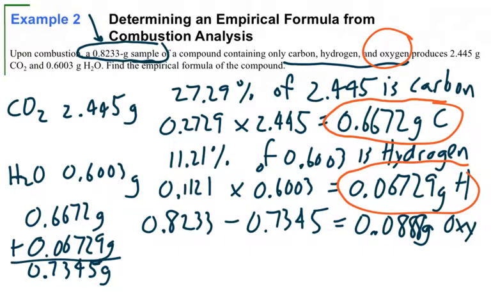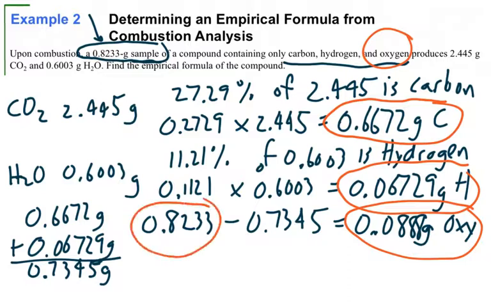So now, not only do we have the carbon, the hydrogen, and the oxygen, and here's something interesting. If you add these three numbers in red, they're supposed to add up to the mass of the entire sample, and they do. Okay? So now we have everything we need, and we can go back to step one, which is to find the empirical formula.